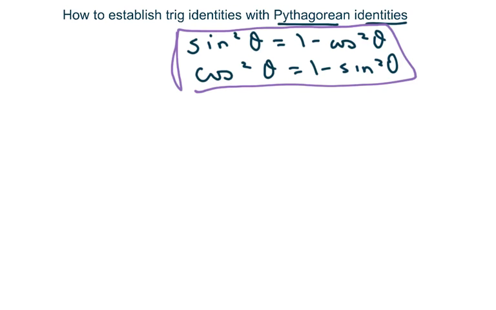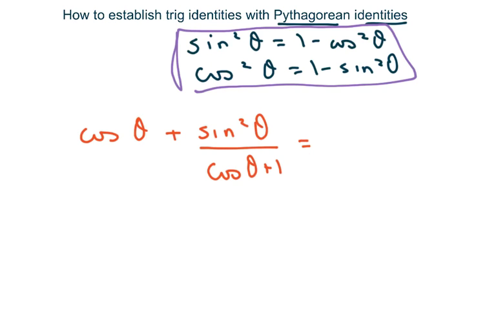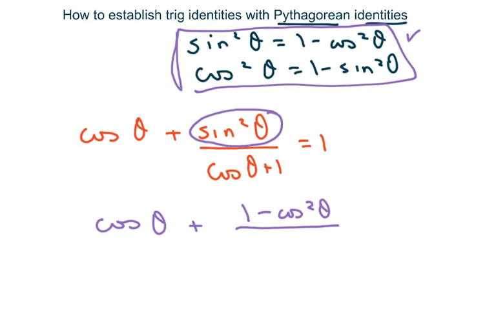So the first one is cosine of theta plus sine squared of theta over cosine of theta plus 1 equals 1. What I'm going to do is rewrite this, and we get cosine of theta plus 1 minus cosine squared of theta, over cosine theta plus 1.